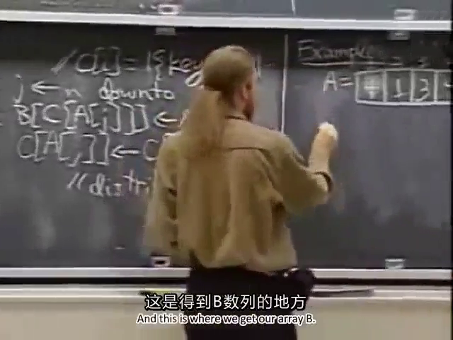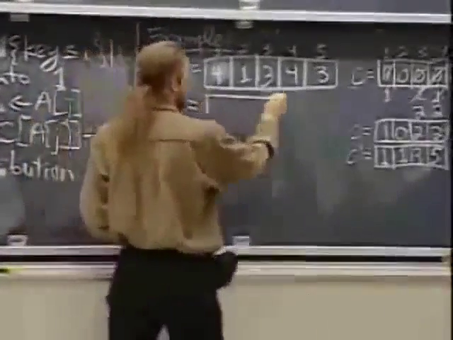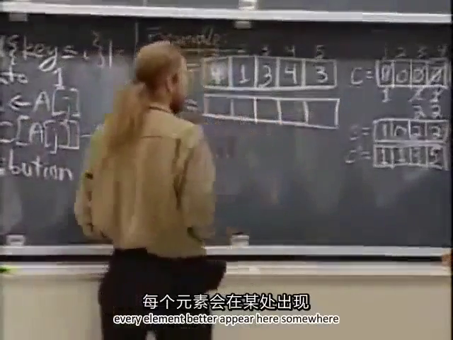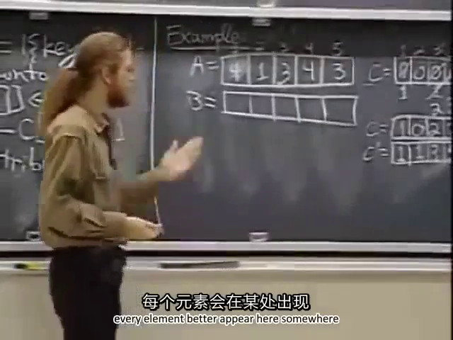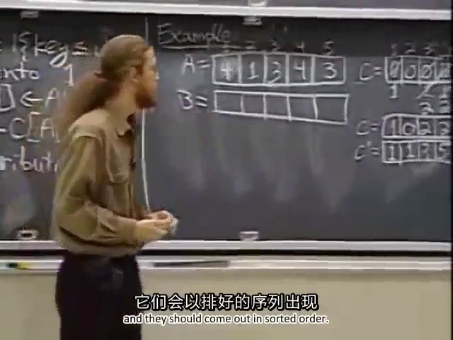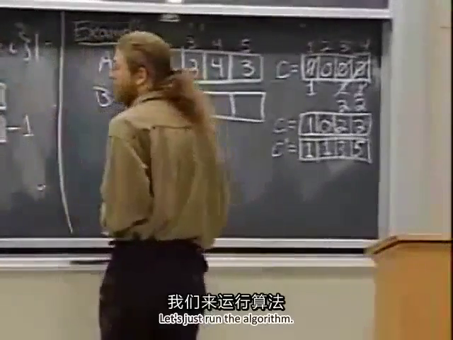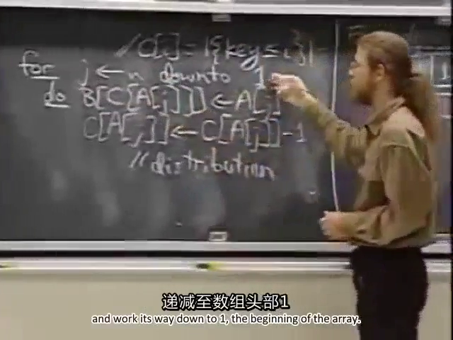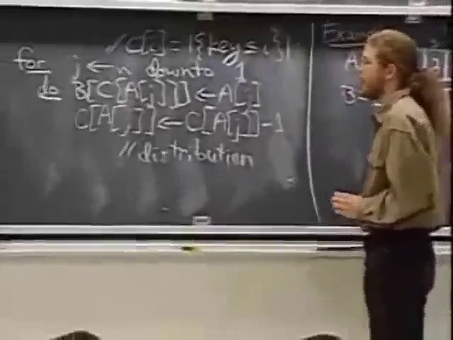And this is where we get our array B. So B better have the same size. Every element better appear here somewhere, and they should come out in sorted order. So let's just run the algorithm. J is going to start at the end of the array and work its way down to 1, the beginning of the array.